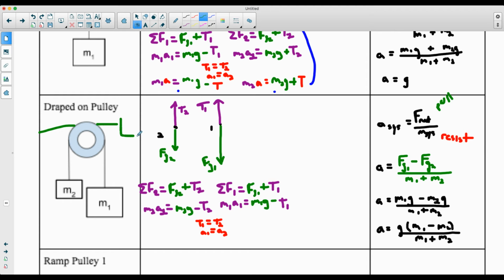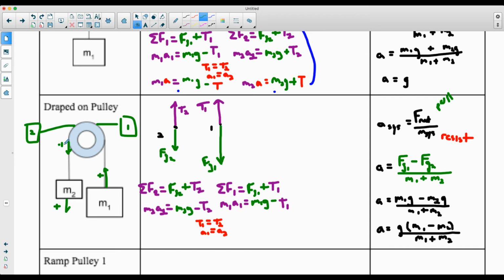And over here is block 1, and over here is block 2. Notice they are pointing in opposite directions. You got that? Opposite directions. So if we're going to call this direction on this one positive, well, then you have to follow the rope. That means that this is positive. Follows the rope around.